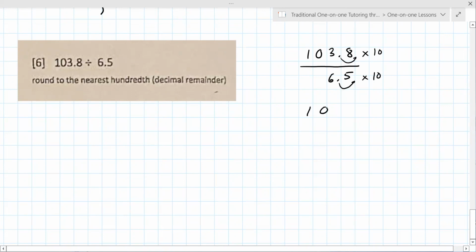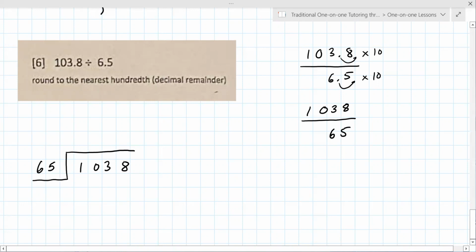So that's really 1038 divided by 65. Because you don't deal with the decimals. It creates a lot of problems when you do that. So now 65 goes outside the house. 1038 goes inside the house. Yeah, that makes sense.